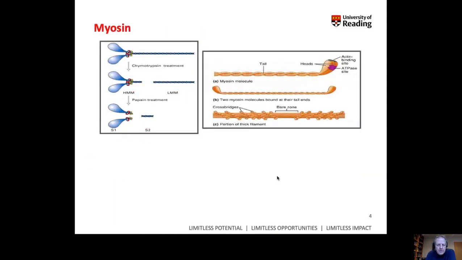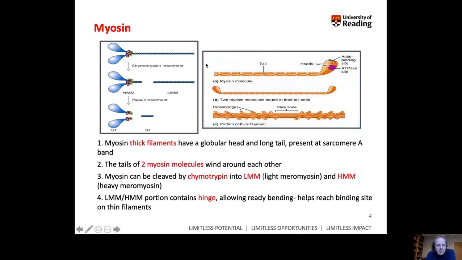This is quite a lot of information. I'll go through it quickly and then I'll tell you the take-home message. This is the myosin, and it's really just showing you how myosin forms these thick filaments and what components, particularly this S1 component, are important contributors to muscle contraction via the sliding filament model. So myosin is a thick filament, has a globular head, and here's the head and tail region, present in the sarcomere A band.